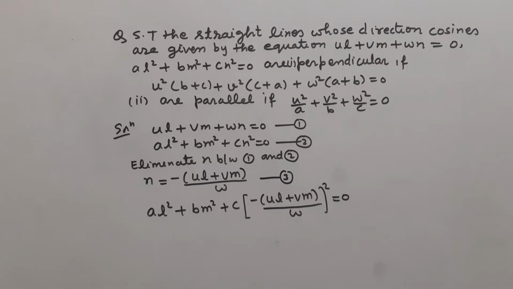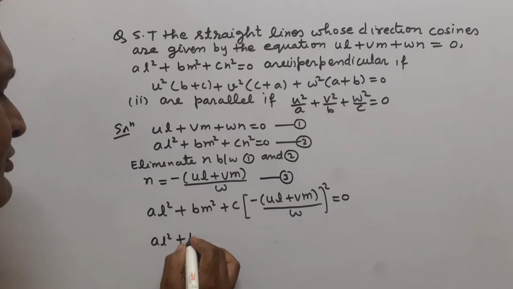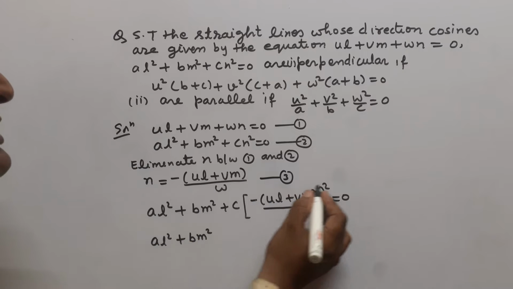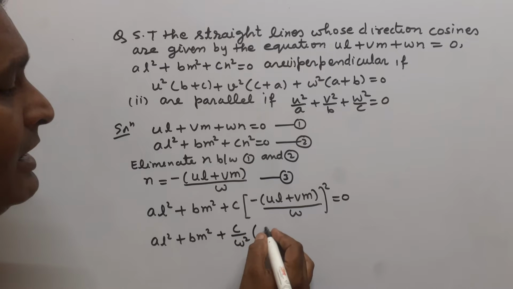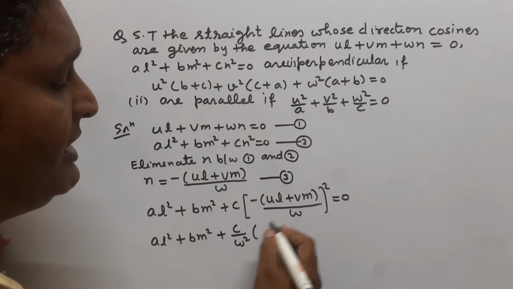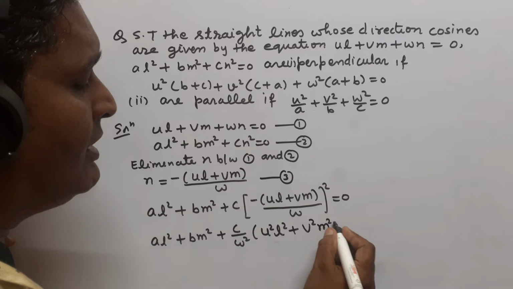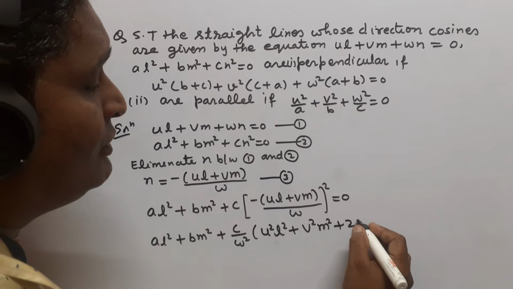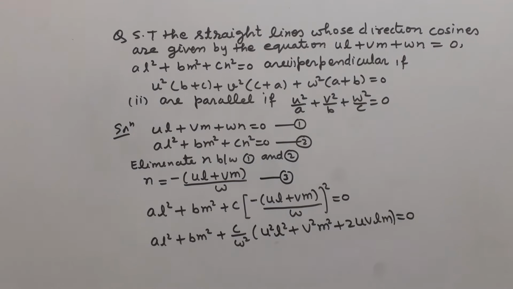Now we can write this as al² + bm² and here minus square is plus, this is c upon w², and here we use the formula (a + b) whole square. So expanding this we can write u²l² + v²m² + 2uvlm equal to 0. Now we multiply this whole equation by w².